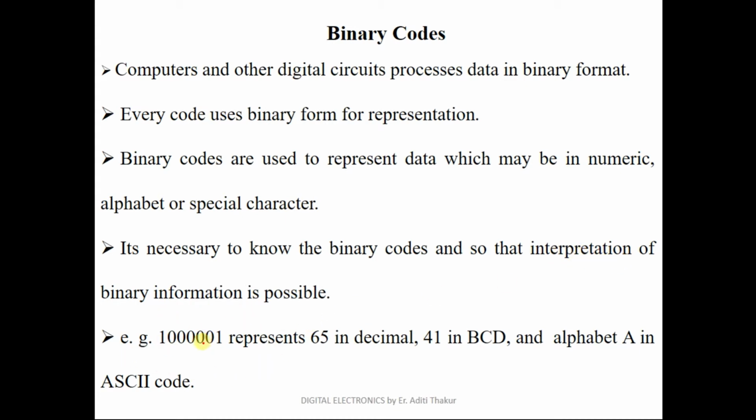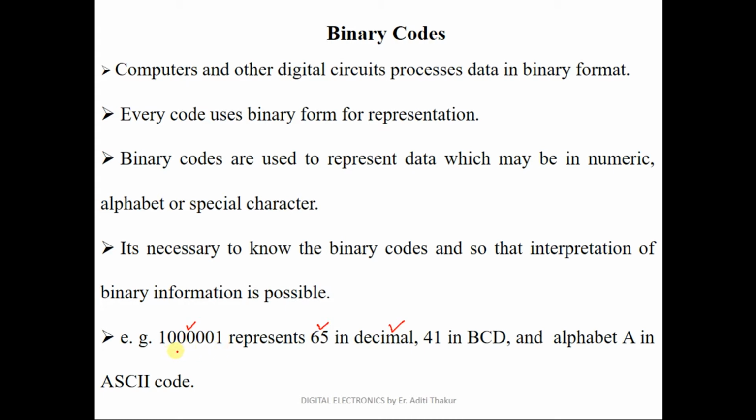So here is an example. 1000001, this binary number, represents 65 in decimal. If you take the decimal equivalent of this binary number, you get 65. But the same binary number is represented as 41 in BCD. If it is a simple binary number, then it is equivalent to 65.